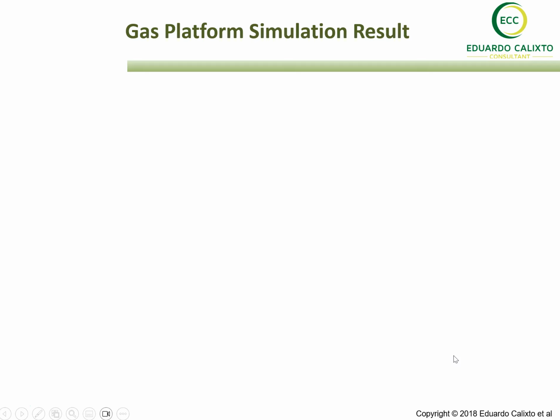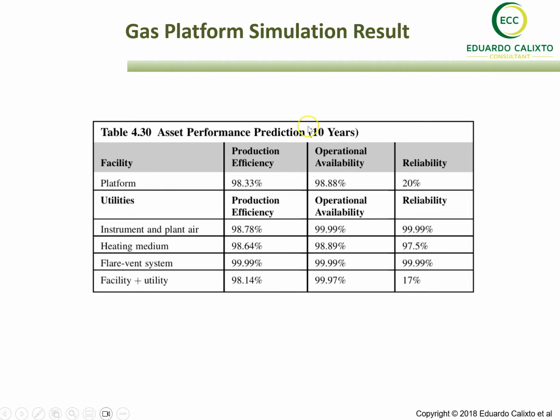After performing this RBD analysis to model the system, we run the simulation. The simulation will take place for 10 years. The platform performs in 10 years at 99.33% of production efficiency, operational availability 98.88%, and 20% of reliability. That is the assessment considering only the gas platform.